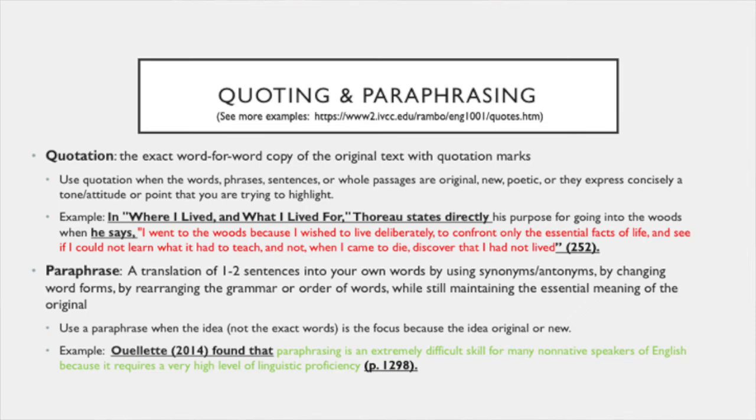In this way, you're keeping the same meaning, but changing the part of speech, if you will, and the word endings or word forms in order to paraphrase, put in your own words. By doing that, inevitably, you will have to change the grammar or the order of words.